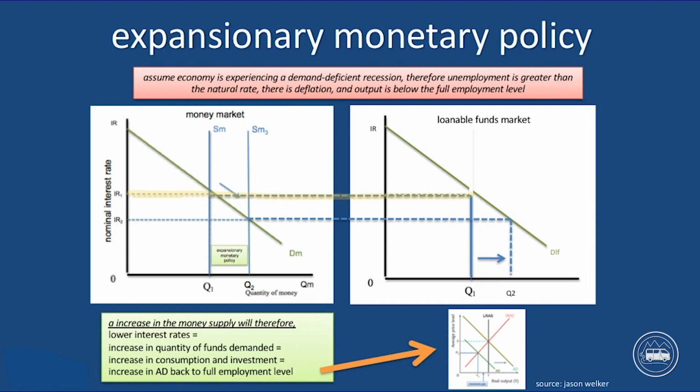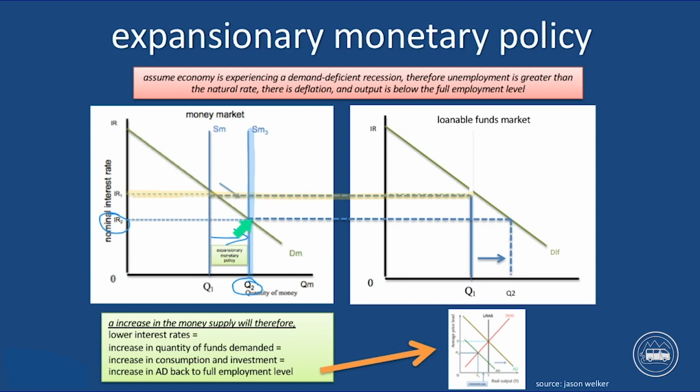So they quickly move to increase the money supply by moving the quantity of money available in the economy outward to the level of Q2, which would drive down prices for money, drive down the interest rate to the intersect of the demand for money and the supply of money.